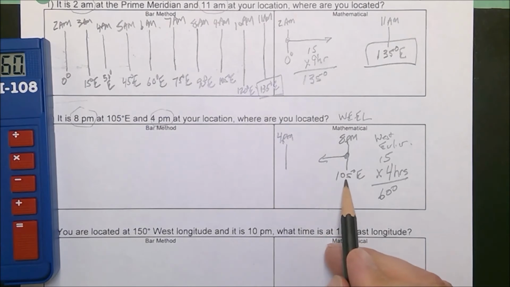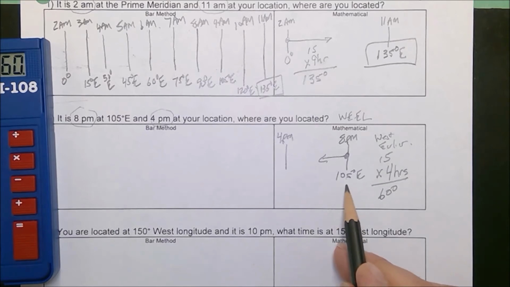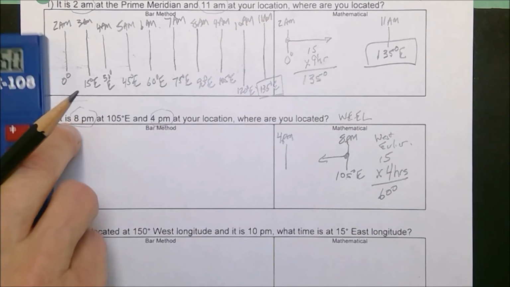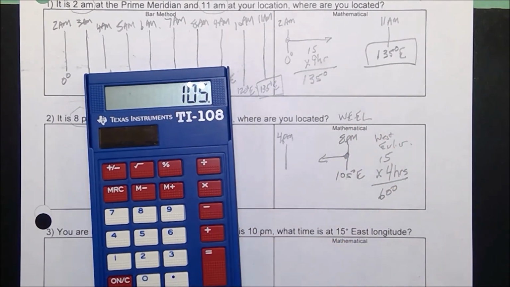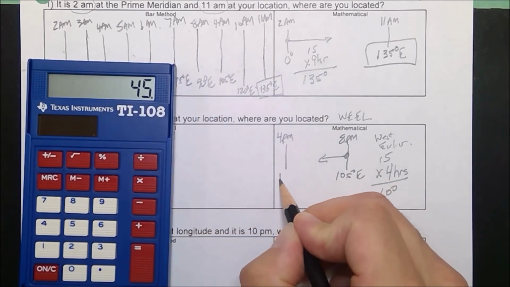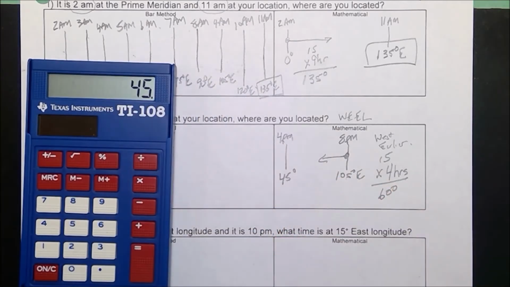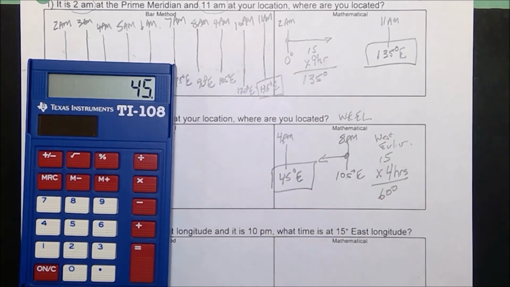So I'm at 105 east, moving 60 degrees to the west. I'm approaching the prime meridian, but I don't reach it, so I'm just going to do 105 minus 60, and that means I should wind up at 45 degrees east as my answer.